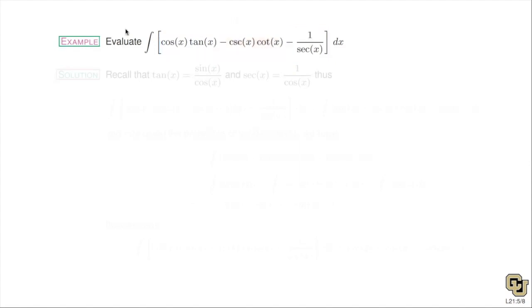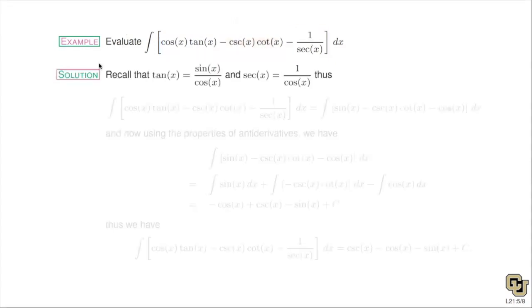For cosine times tangent, we can simplify that. I know that tangent is actually sine over cosine. So cosine times tangent, we can cancel this cosine and just replace the whole thing with sine. And secant, as you know, is 1 over cosine.